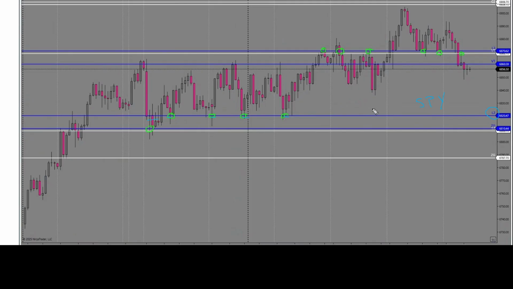It is important to know that the blue is for SPY and all the white levels are for SPX. Also in NASDAQ, white is for NDX and blue is for QQQ.